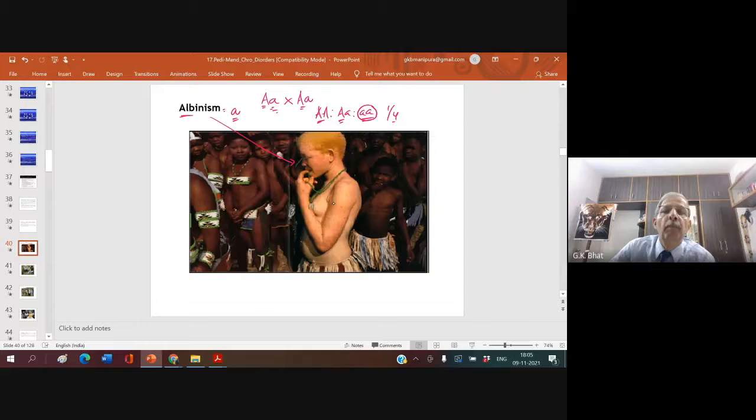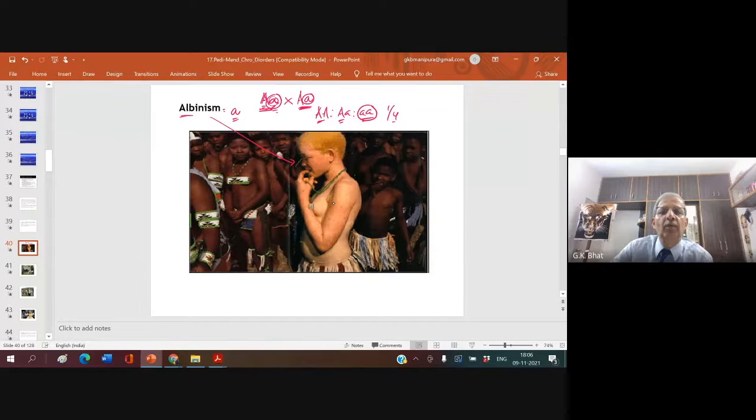Like this, many of the recessive alleles which are always responsible for a disorder are not seen in the individual because they are in a heterozygous condition. Are you following me? There are so many disorders which are not seen in our body because we are heterozygous for them. We have a normal allele masking this dangerous recessive allele. So this girl is normal, but she has an allele for albinism.